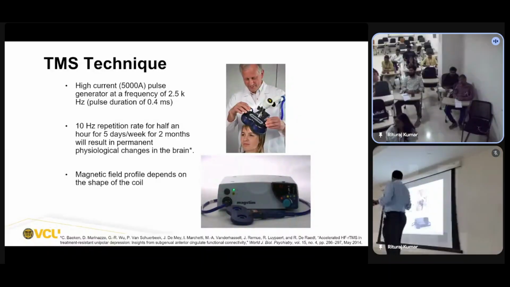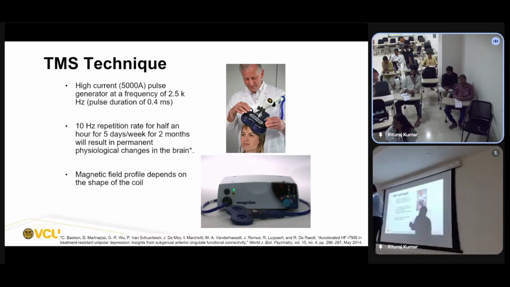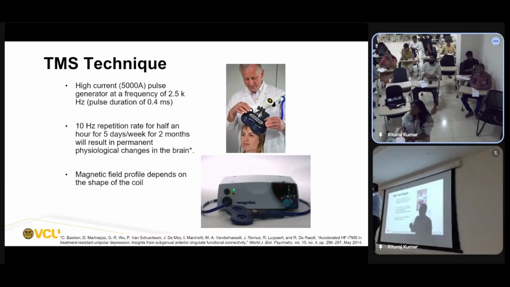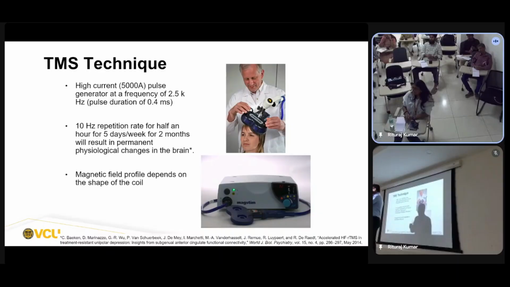If you don't stimulate right on the left dorsolateral prefrontal cortex, if you move away and hit the trigeminal nerve, I forgot the name of the nerve, that goes to the face, you can have headaches or twitching of the face.